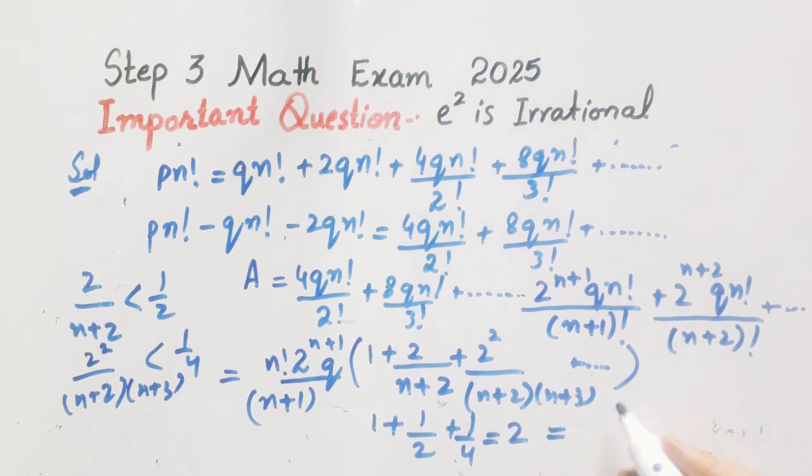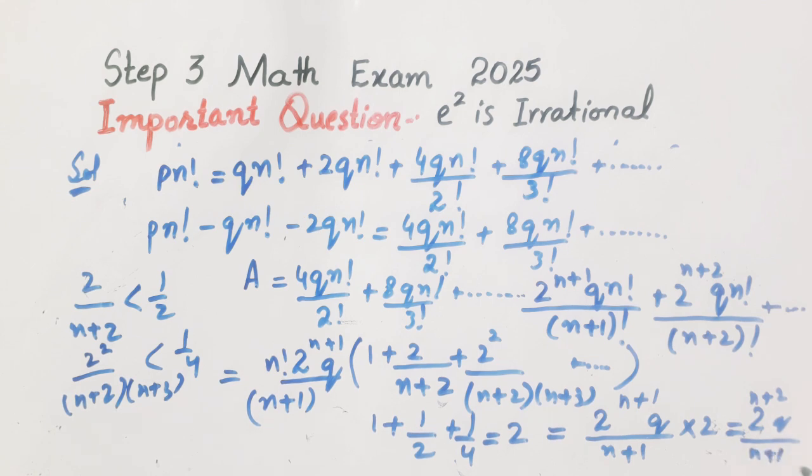So we will get the expression as 2 raised to power n plus 1 q by n plus 1 multiplied by 2, which is equal to 2 raised to power n plus 2 q by n plus 1.